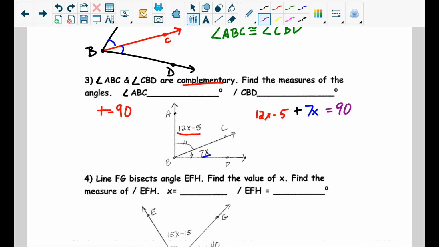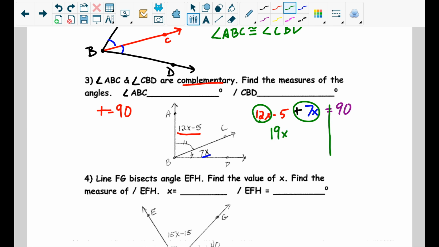So what's my first step in this equation? The x's are on the same side, so what do I do with them? Combine like terms. Good. So 12x plus 7x gives me how many x's? 12 plus 7 is 19 x's.